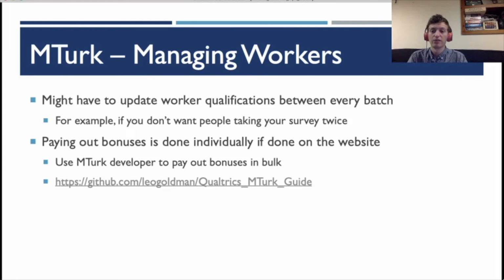Another thing you're going to have to keep in mind is paying out bonuses. Bonuses are done very inefficiently on the website. As far as I know, you would have to pay out bonuses one by one if you actually use the website. So for that, I strongly encourage you to go to the GitHub that's posted below, which has some scripts in R and Python.